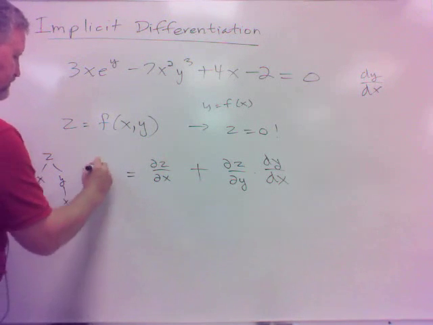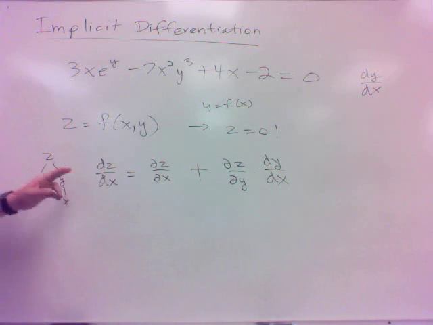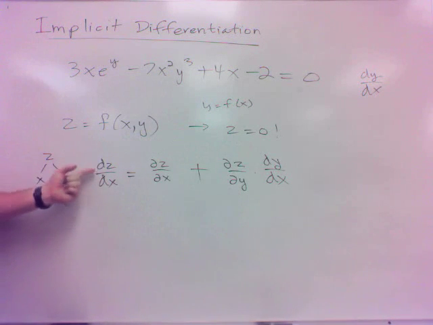Oops, this should be dz dx. dz dx, okay. Now, here's where the fact that z equals 0 comes in. The derivative of z with respect to x, I'm not talking about the partial here, I put partial, but I meant just the derivative of z with respect to x, okay.